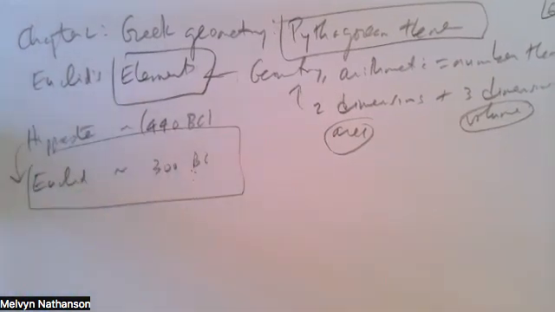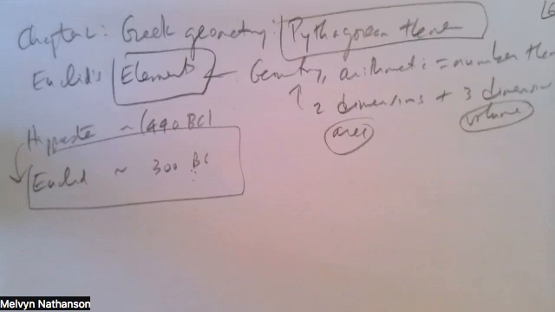But Euclid, in around 300 BC, wrote his series of books that summarize a lot of the mathematical knowledge of the time. It's very hard to know who did what when that long ago.